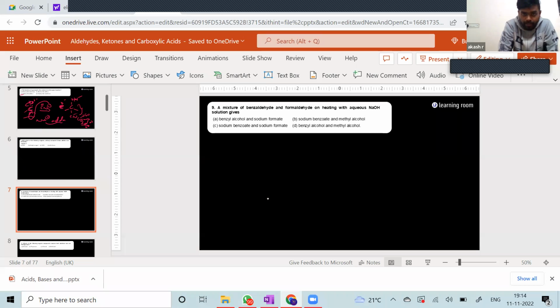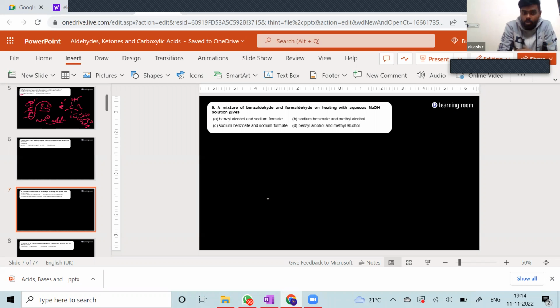Next, a mixture of benzaldehyde and formaldehyde on heating with aqueous NaOH is going to give you what? What reaction is this, people? Is it aldol? Okay, now how do you decide between aldol and Cannizzaro?